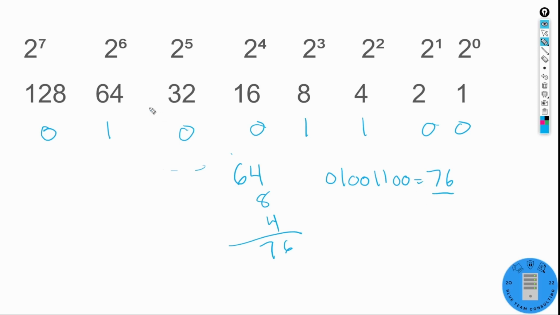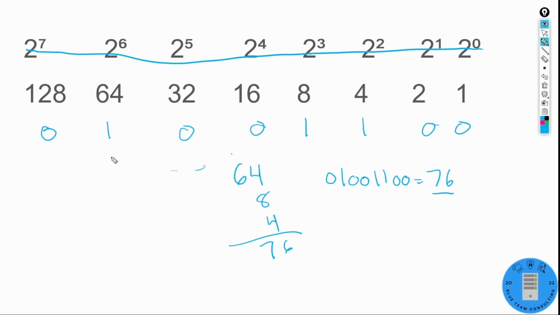Remember to write out your 2's exponentially and then your 128 through 1 to be able to line up your bits accordingly. Now, as we continue on, I'm probably not going to write out this line anymore, and I'm only going to write out the 128 through 1 values, because you're going to write this out so many times that you're not going to need your 2's exponents every time.